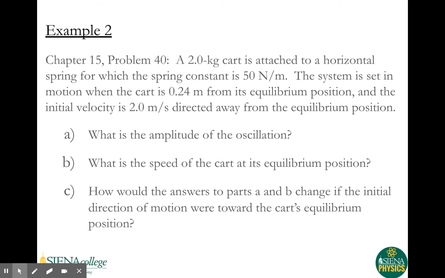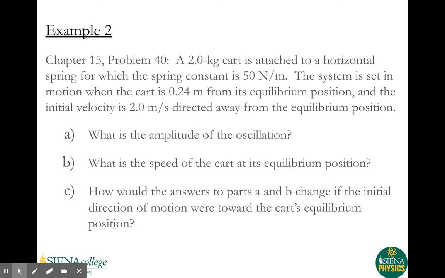So we have a cart that's attached to a spring, and it's going horizontally. Let's write some stuff down. We know the mass of the cart is 2 kilograms. It's horizontally attached to a spring with spring constant 15 newtons per meter.